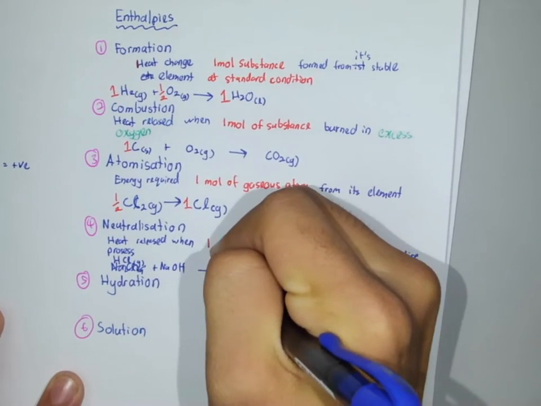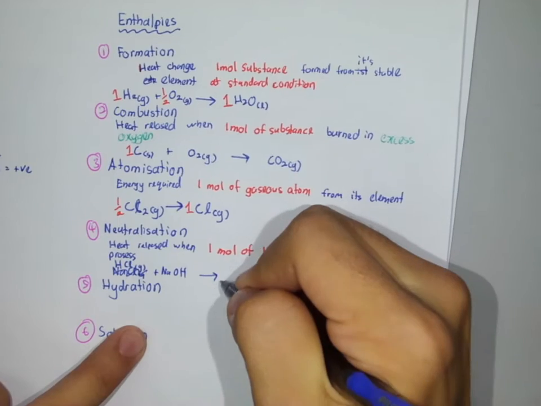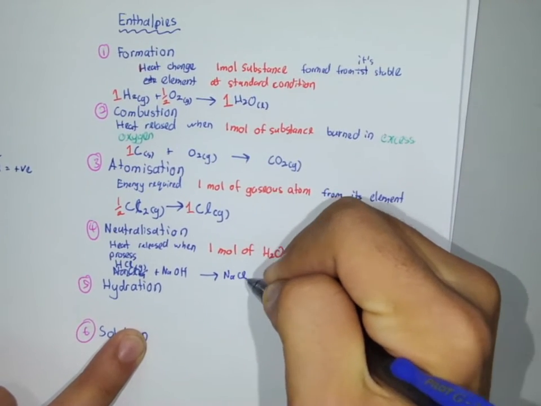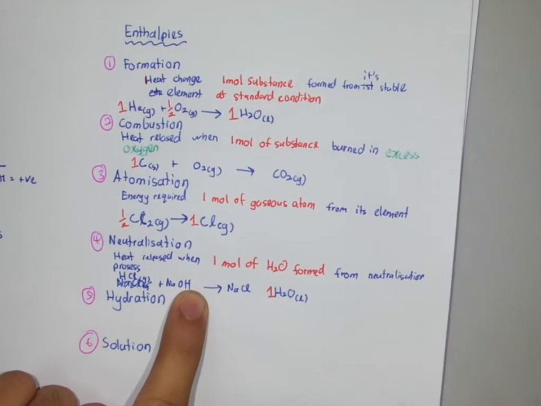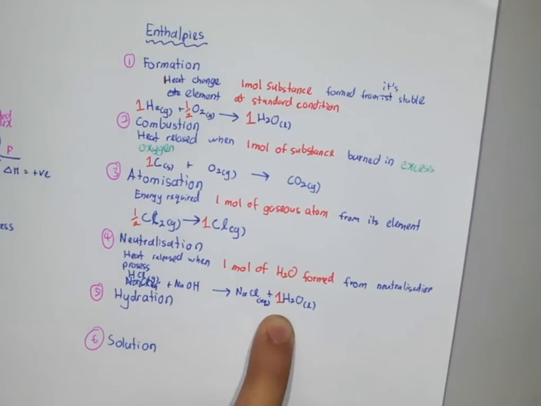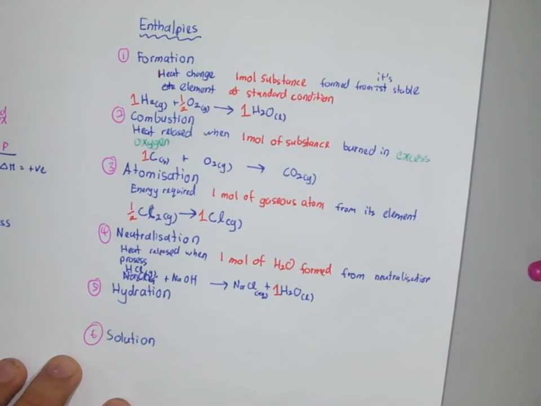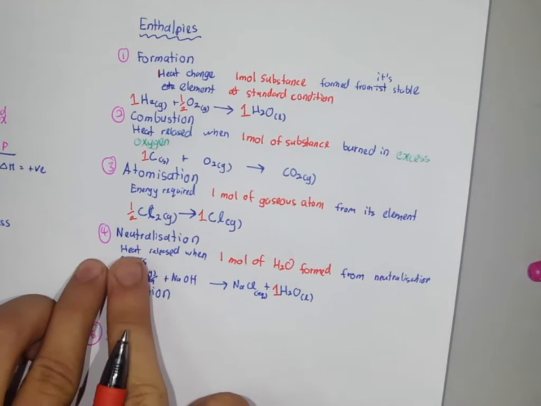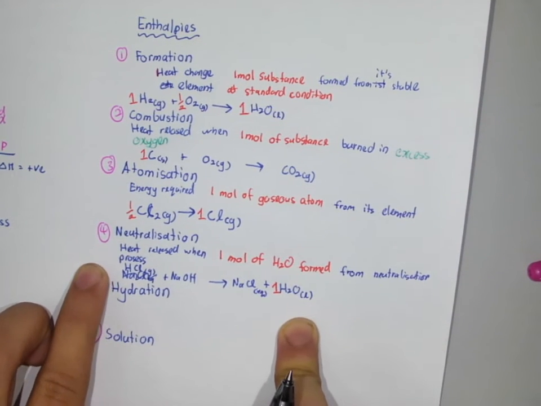We will get NaCl, which is also in aqueous. So we need to make sure this is 1 mole. Fortunately, everything is 1 mole, so it is fine. Just remember, for neutralization, we are not looking at the acid or base, we are looking at the water formed.